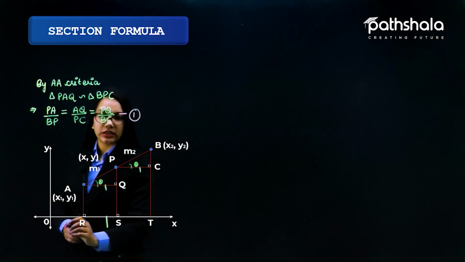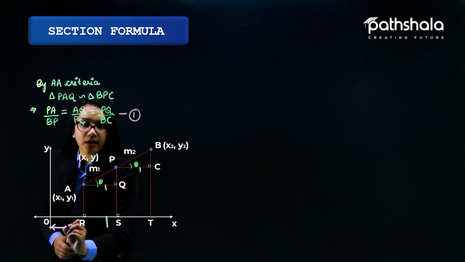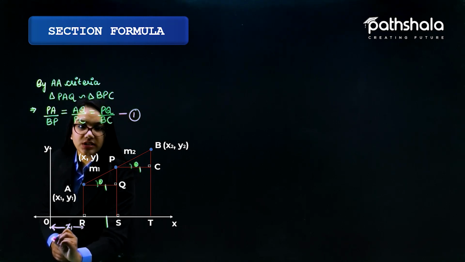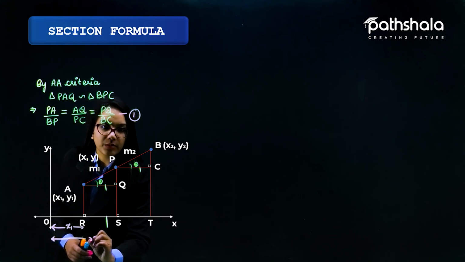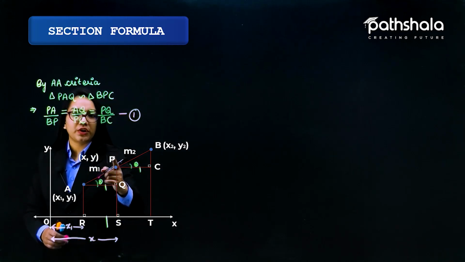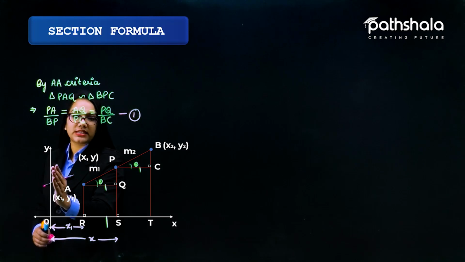As we can see, the distance from this region till R is nothing but x1, and the distance from O till S is nothing but x, because the coordinates of the point P are x comma y, so its distance from the y-axis is x.